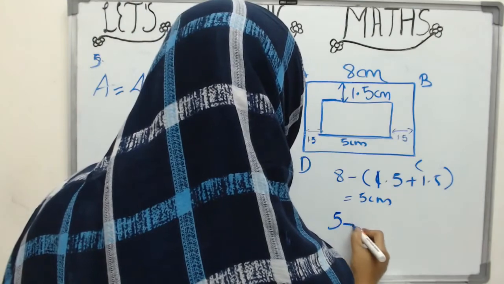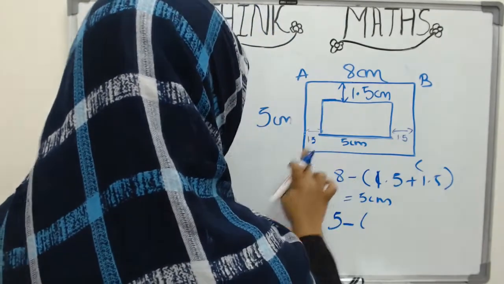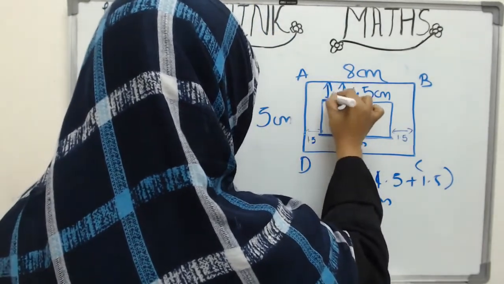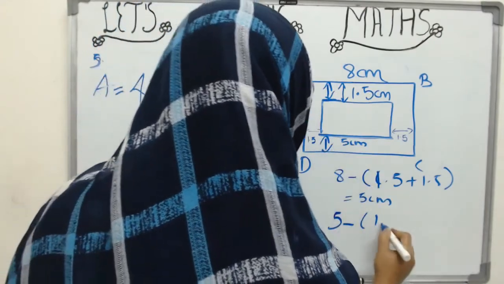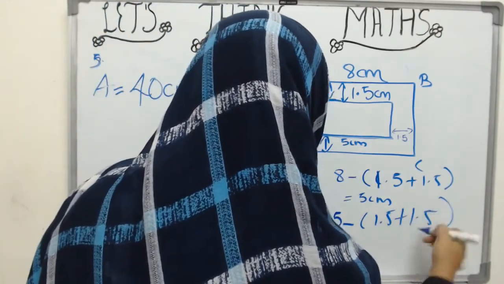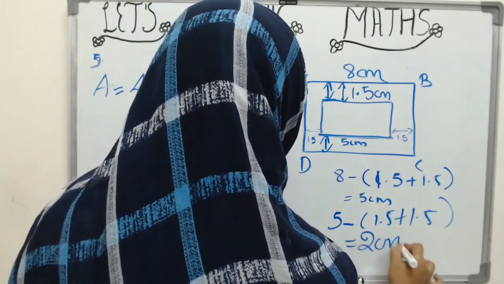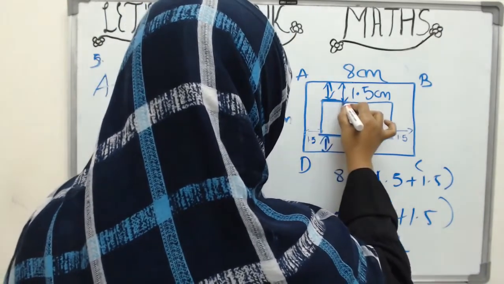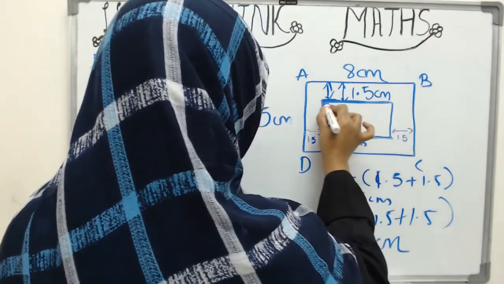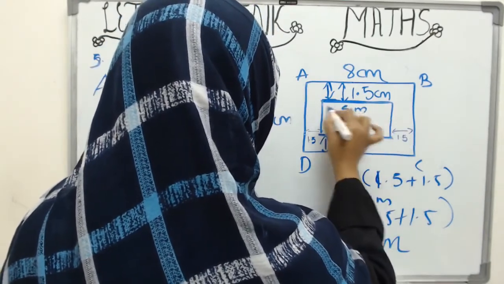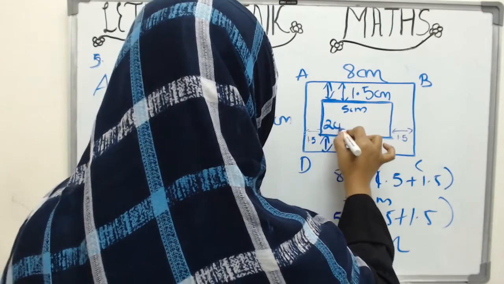So what is the breadth? It is 5 minus 1.5, 1.5. That would again be 5 minus 3, which is 2 centimeter. So this picture here, this much is 5 centimeter and this much is 2 centimeter.